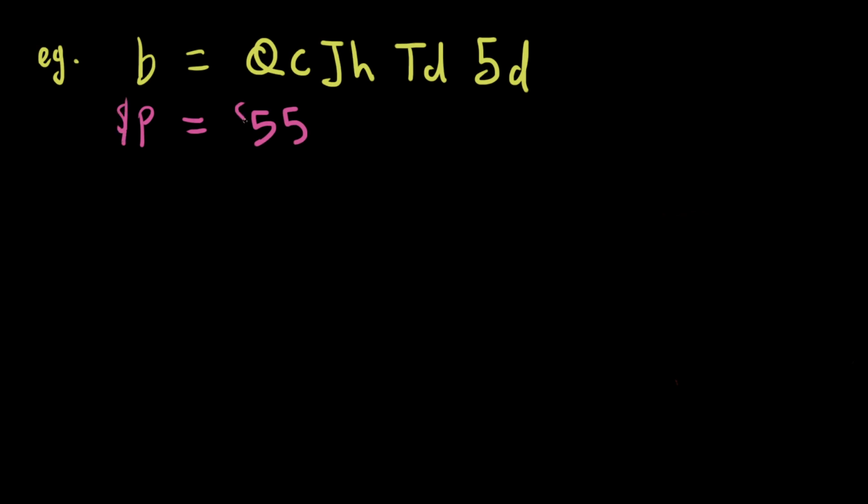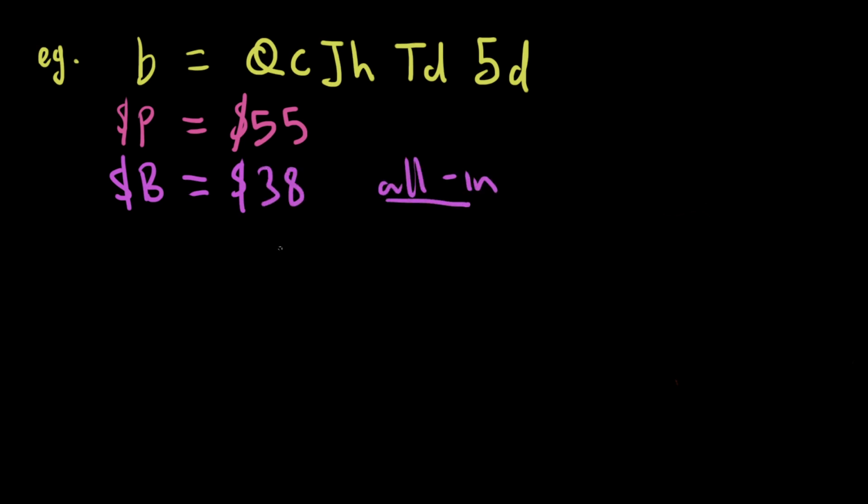All right, so the starting pot size is $55. The bet size, which we're going to consider for an all-in bet, is 38, and it's all in. Okay, so this is important.